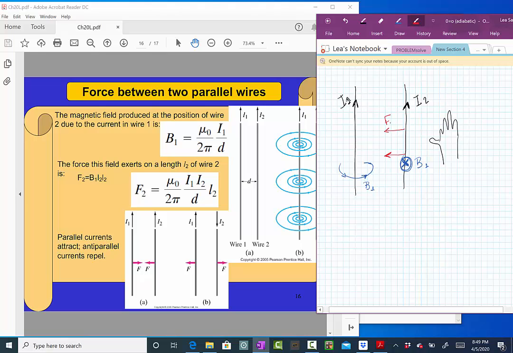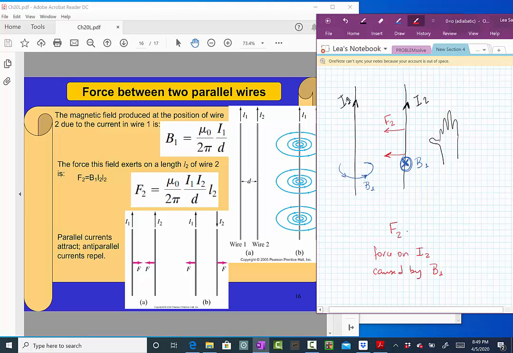This force, I'm going to call it the force F2, is the force on wire 2 caused by the field B1, caused by the wire 1. So this F2 is the force on the current I2, on the wire 2, caused by the current I1, caused by the field of the current I1, which is B1.